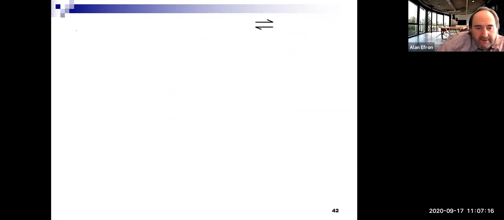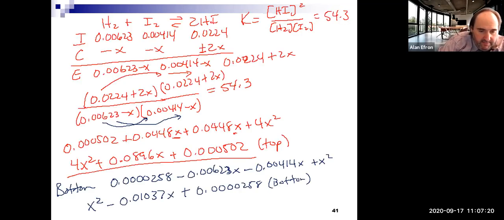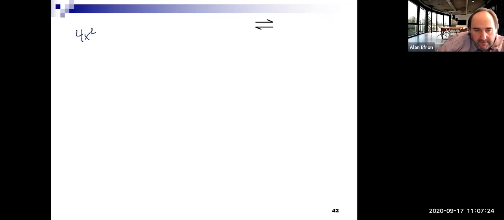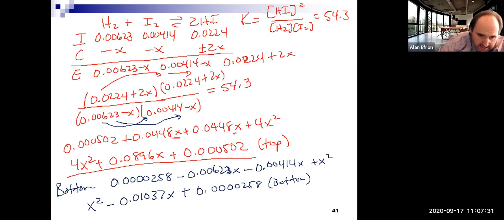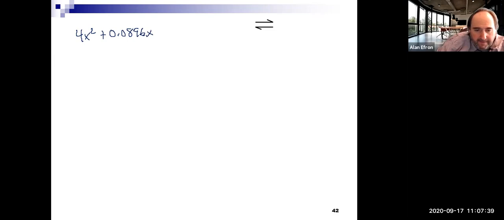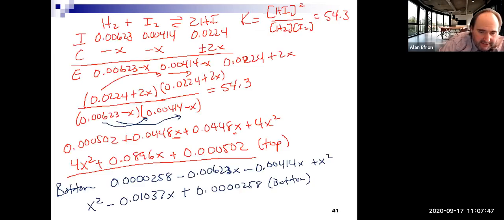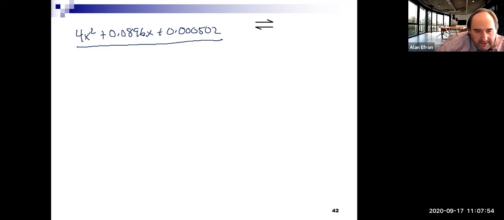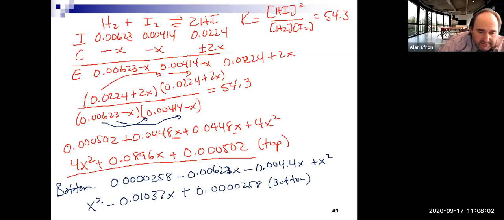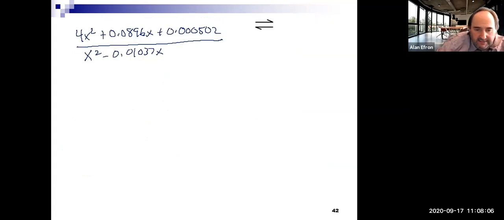I got 4x squared, 0.0896, and 0.000502 on top, divided by the bottom there, if I didn't mess anything up, x squared minus 0.01037x, and on the bottom there 0.000258.